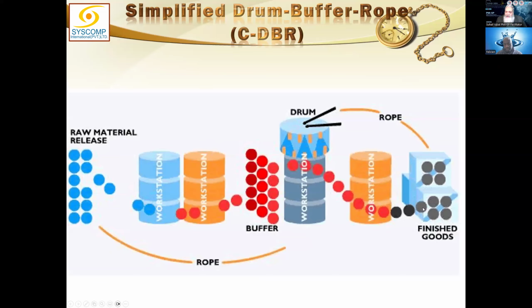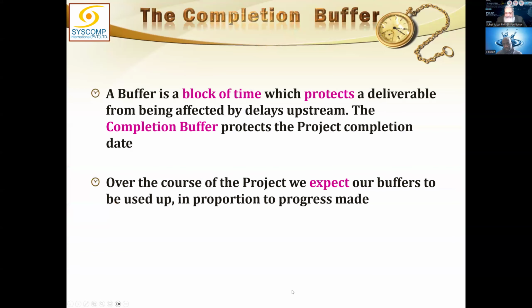So if the production capacity has to be increased, this machine capacity has to be increased. We have to drum it up. And if we drum it up, then probably this buffer is going to shorten. I just wanted to give you a little idea about this drum buffer rope philosophy.